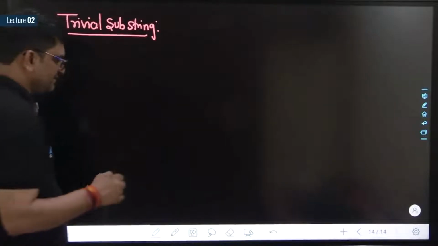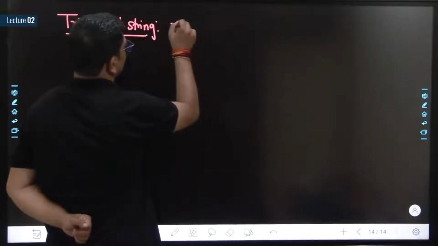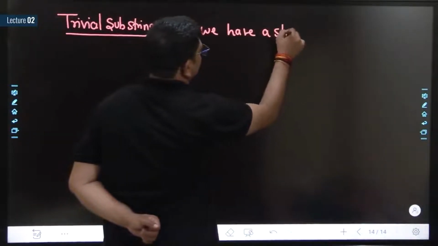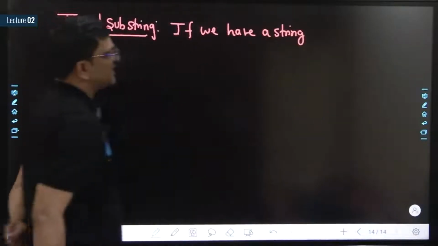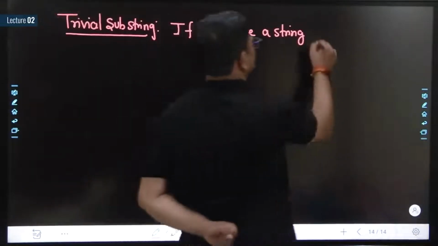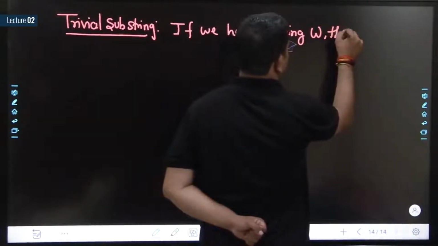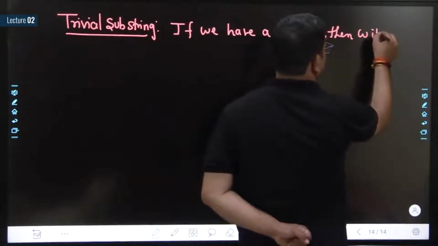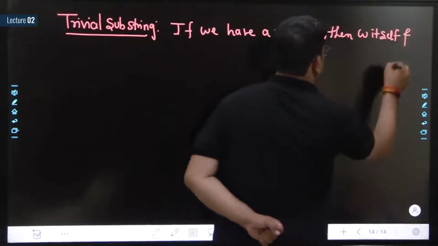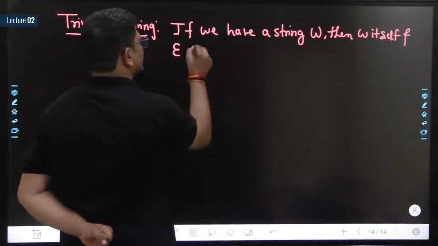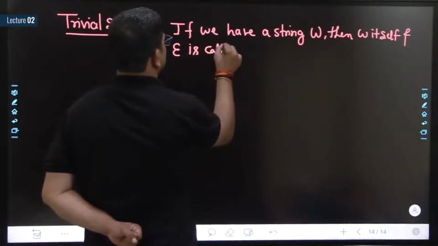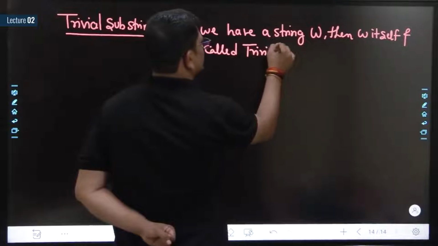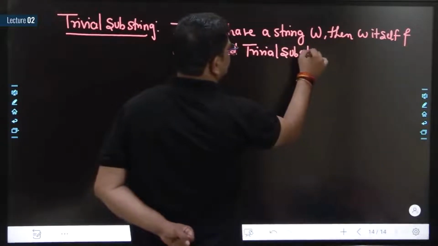What is trivial substring? If we have a string W, then W itself and epsilon, the null string, are called trivial substrings.